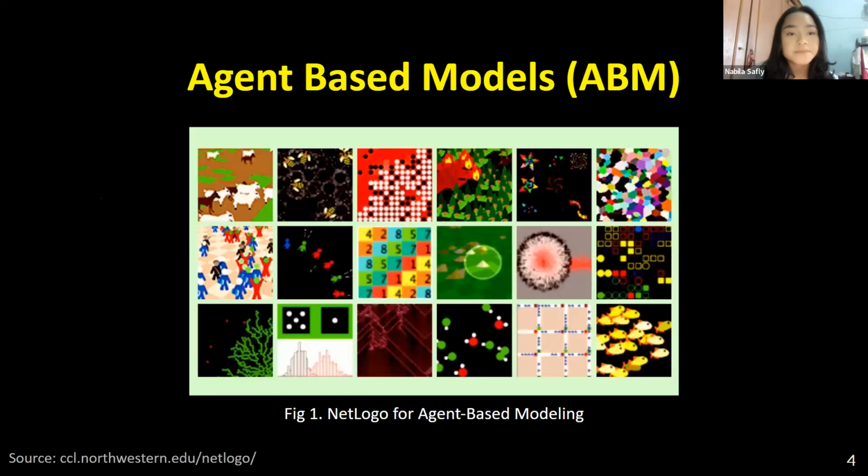So the behavior of the COVID-19 spreading agents can be simulated using an agent-based model. Agent-based models, or ABM, are computer models that attempt to capture the behavior of individuals within an environment. An agent-based model can be used to simulate the interaction in the population so we can analyze small changes in behavior.